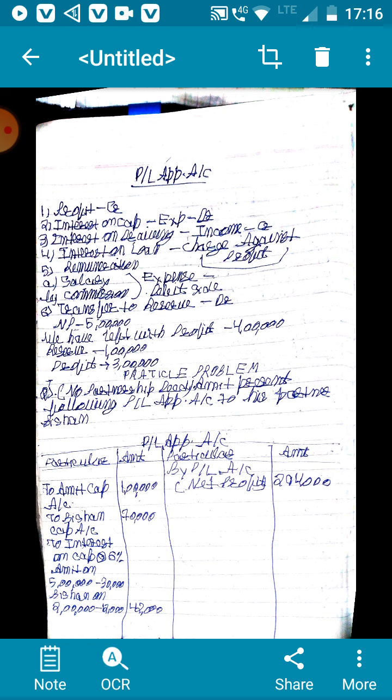Now we will see the treatment of a reserve in the profit and loss appropriation account.